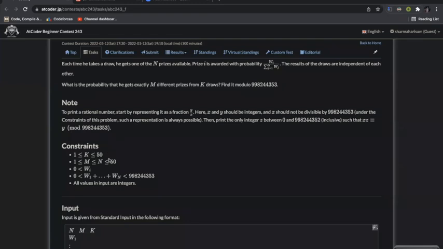So a hint is that the constraints are really small. So probably there have to be various dimensions in the DP array this time.